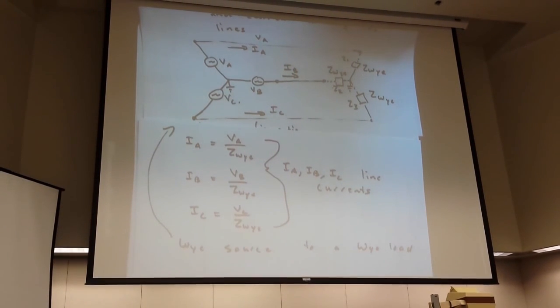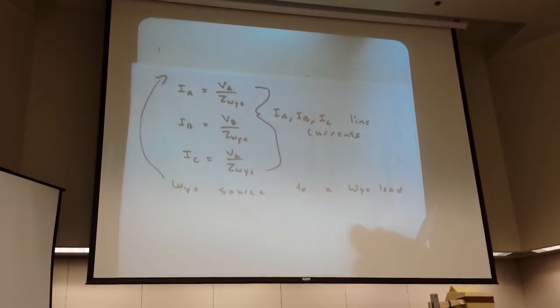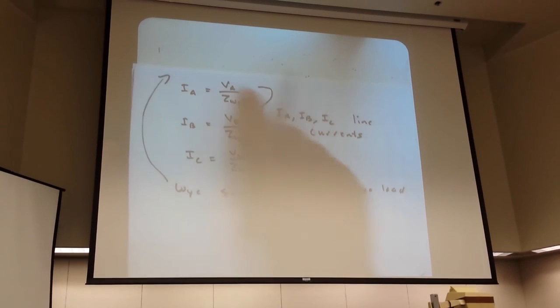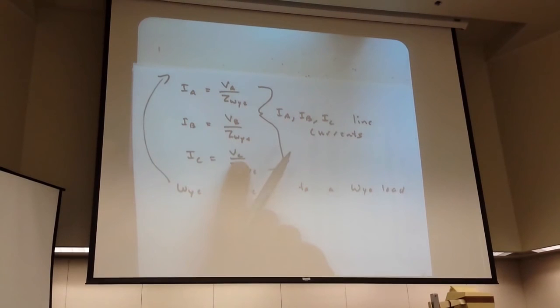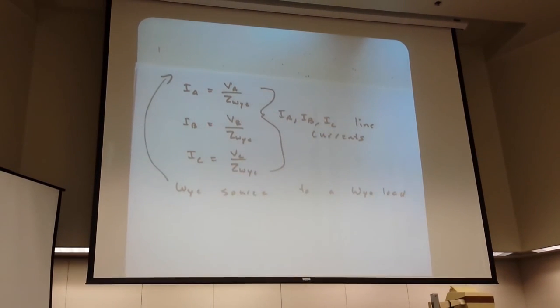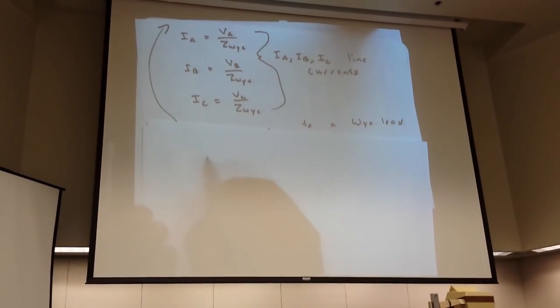Well, in the last class, we also started to discuss another type of three-phase configuration. And again, these are phasors. We know this is some amplitude angle 0, some amplitude angle minus 120, some amplitude angle plus 120, and our ZY is whatever our load happens to be. So that's also some magnitude and some angle. So alternatively, we can build a configuration that looks like this.